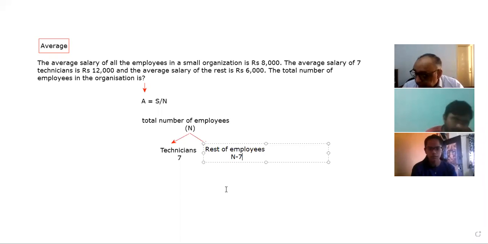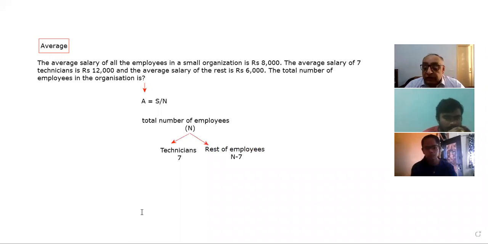So it is quite important to note here that the total salary of the n employees is equal to total salary of 7 technicians plus total salary of rest of the employees, right? So this is the point here.